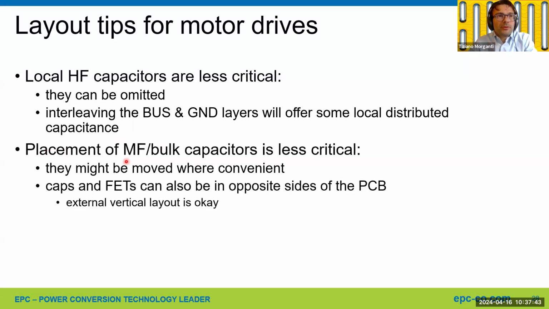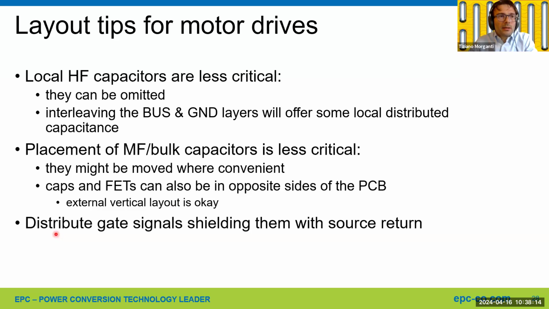The placement of the medium frequency or bypass capacitors on the bus is less critical, so they can be moved where it's convenient. And also they can be placed on the opposite side of the PCB compared to the FETs. So we can say that the external vertical layout is okay for motor drives.